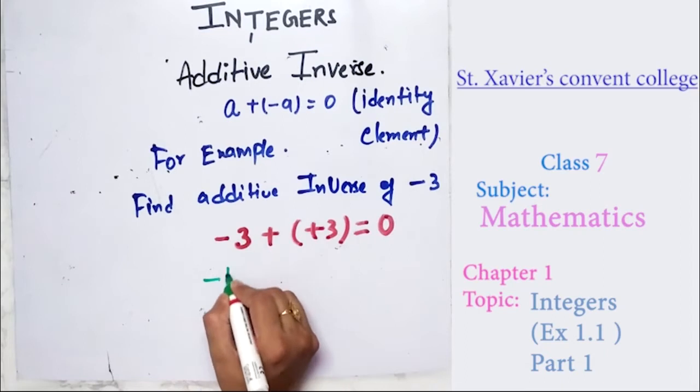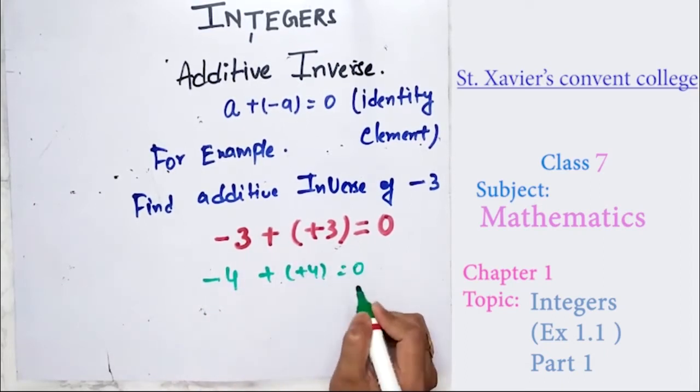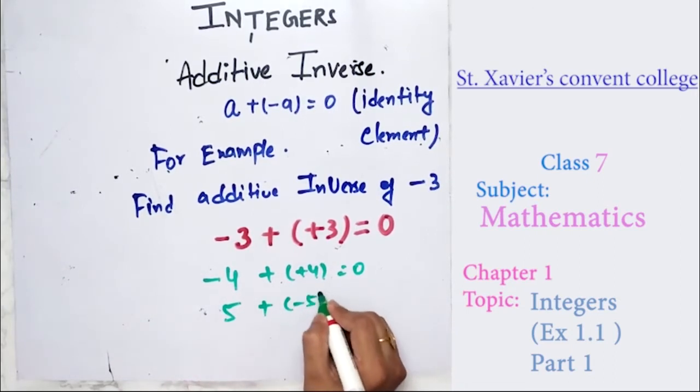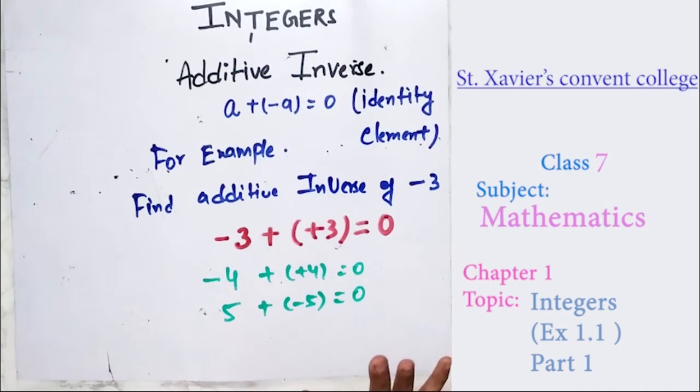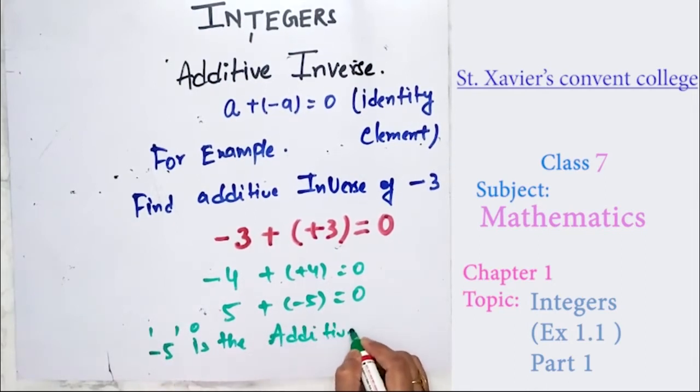Suppose you are given minus 4, you will add a plus 4 over here to get a 0. If you get a 5, you have to add minus 5 over here to get a 0. Whatever the number given to you, you will add with the opposite sign of that number. This is the additive inverse. And the way of writing is: minus 5 is the additive inverse of 5. This is the way you are going to write it.